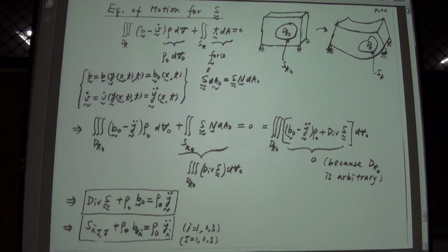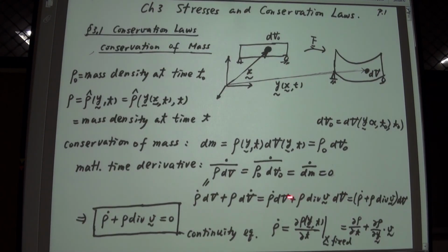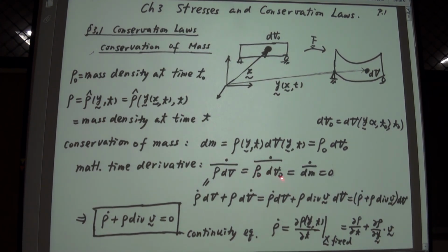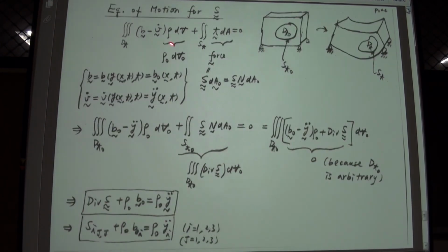Now look at this term: rho dv equals rho0 dv0, due to the mass conservation. Let me show you. At the very beginning, rho dv equals rho0 dv0, because they are all equal to dm. So this term you can understand now.